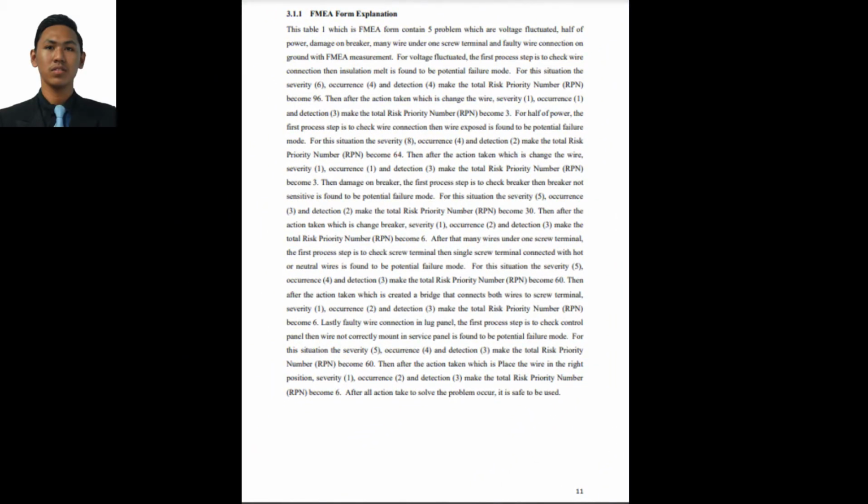All of the processes, potential effects of failure and the recommended action results are in this FMEA form.